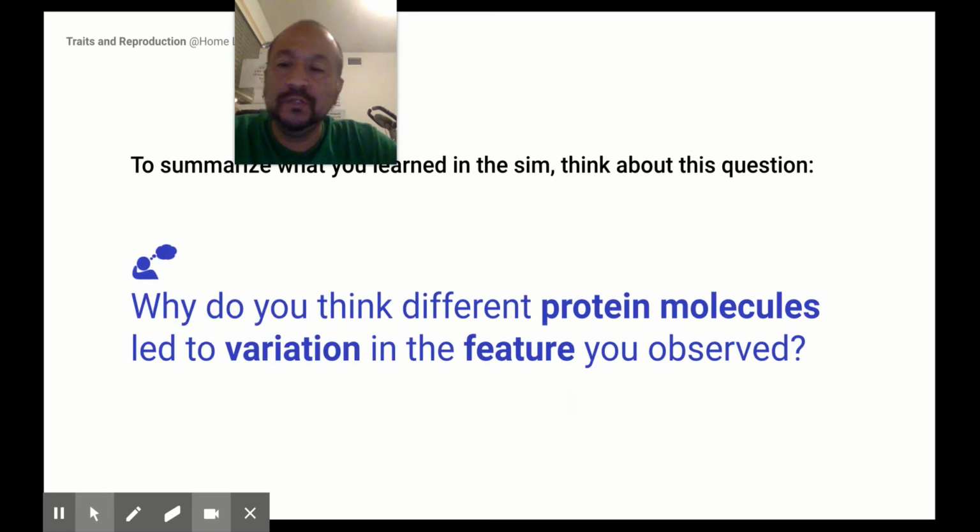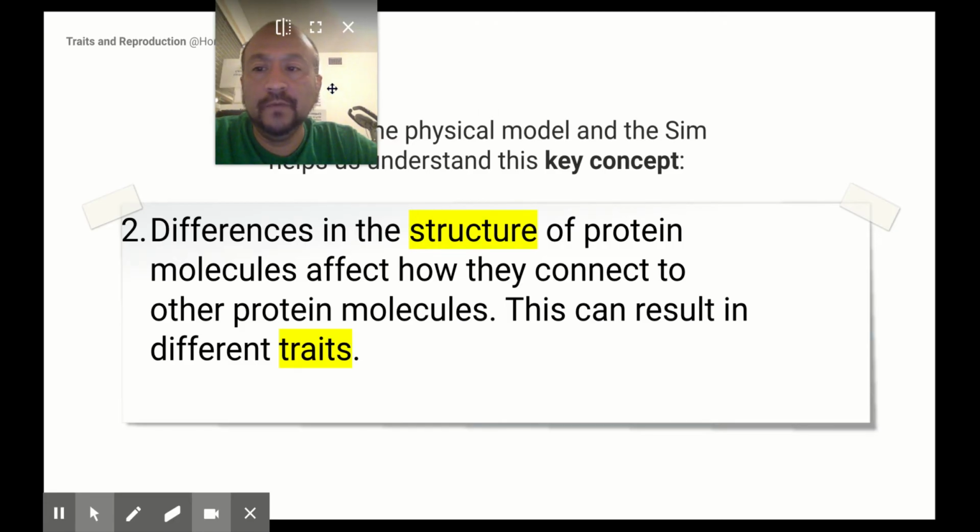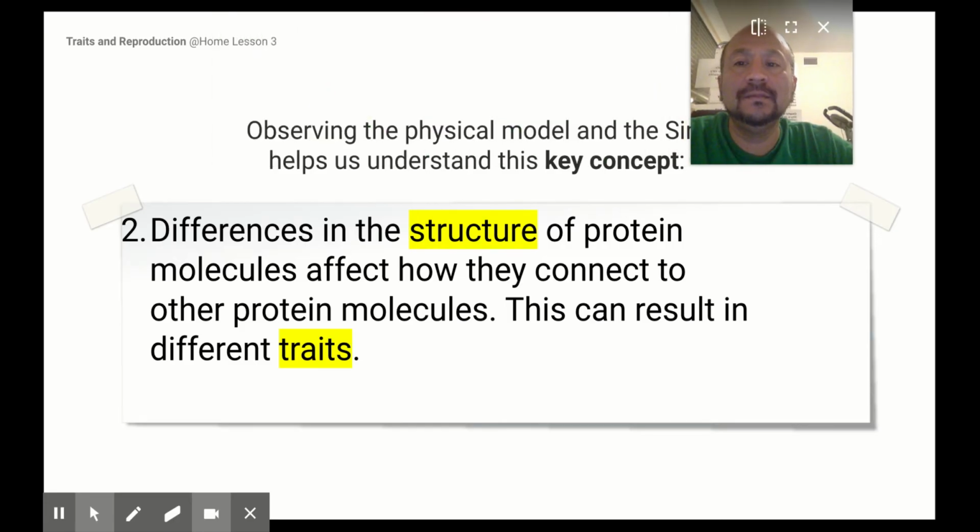So why do you think different protein molecules lead to variation in the features we observed? This is a key concept, very important. Say it over and over again if you need to make it stick. Differences in the structure, when you think of structure, you think of a build, like a house. The structure of a car, the structure of your body.